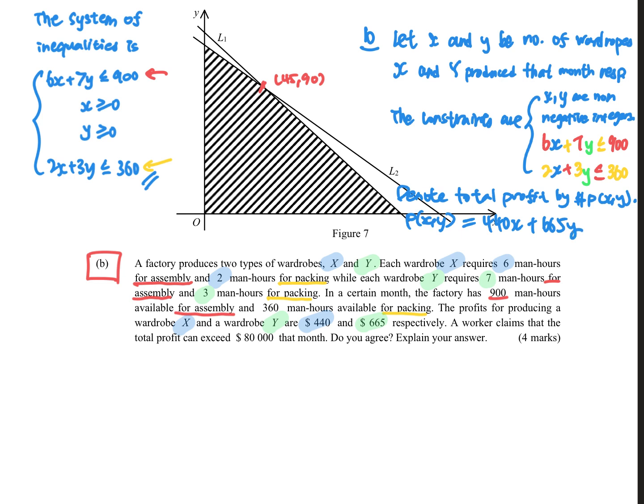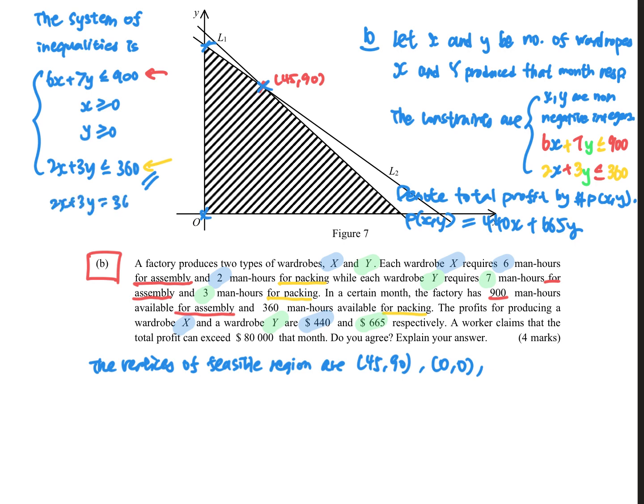Now by part A, the vertices of the feasible region: first of all, we have this given point, and (0, 0). And then this is the y-intercept of L2, so 2x plus 3y equals 360.